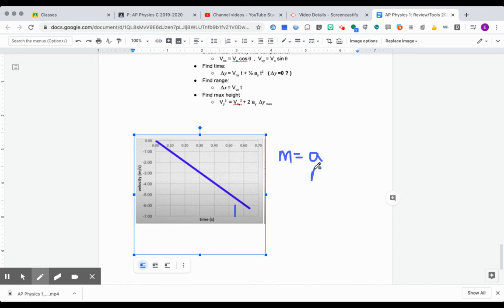Because we have rise, a change in velocity, over run, a change in time, which is quite literally the definition of acceleration. So the slope of this linear line should be negative 10. The y-intercept is 0, 0, because the velocity begins at 0 when time is 0.